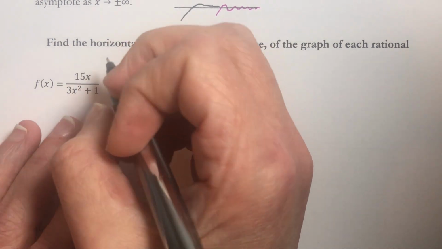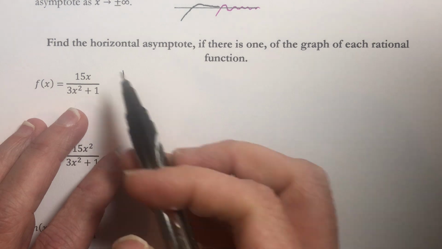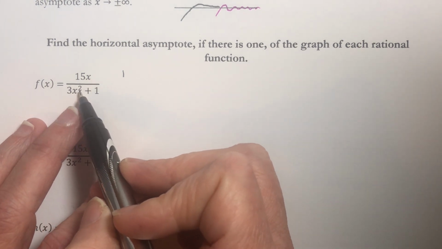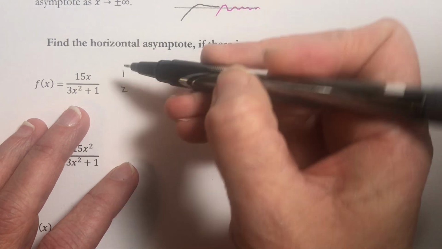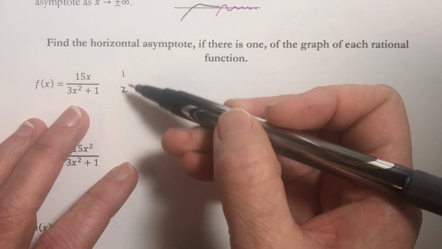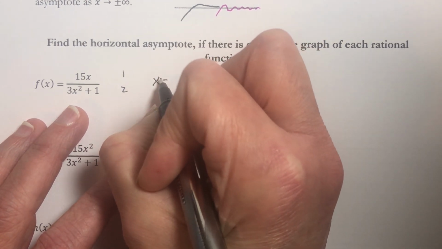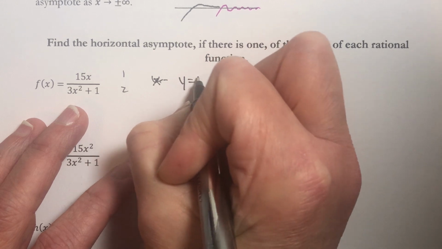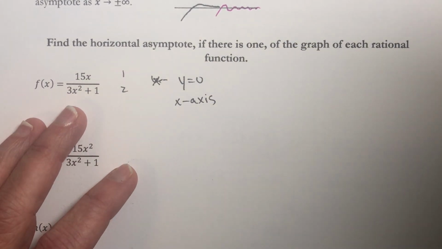The degree of the numerator, that's an understood exponent of 1, so that's a first degree in the top. 3x squared, that's a degree of 2 in the bottom. The degree of the top is less than the degree of the bottom, so you can think of this as making a proper fraction. So that means y equal to 0, which is the x-axis, is our horizontal asymptote.